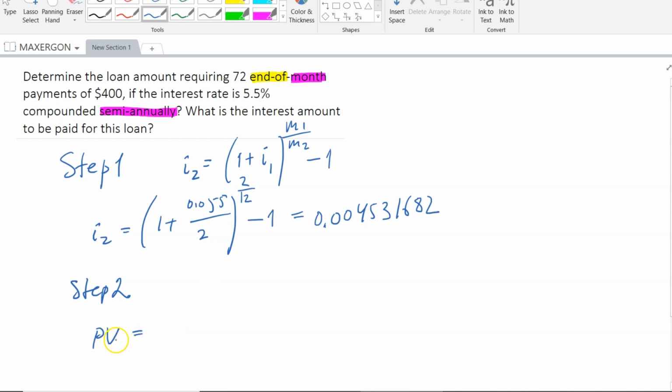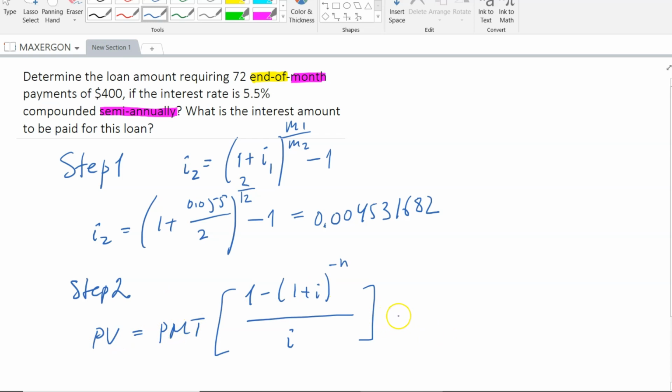This formula is this: present value equals PMT times a fraction, 1 minus (1 + I) to the exponent minus n, over I. Once again, I here is the periodic rate, n is the total number of periods, PMT is the periodic payment, and PV is the present value, of course.